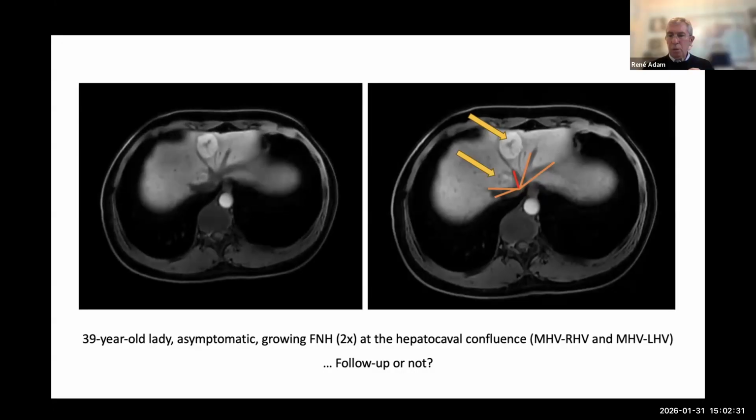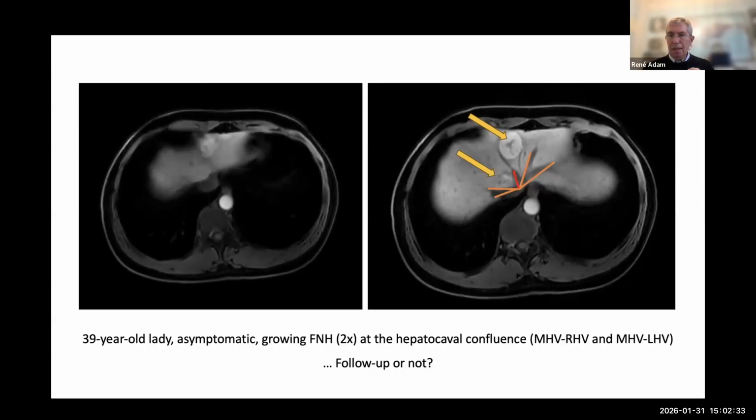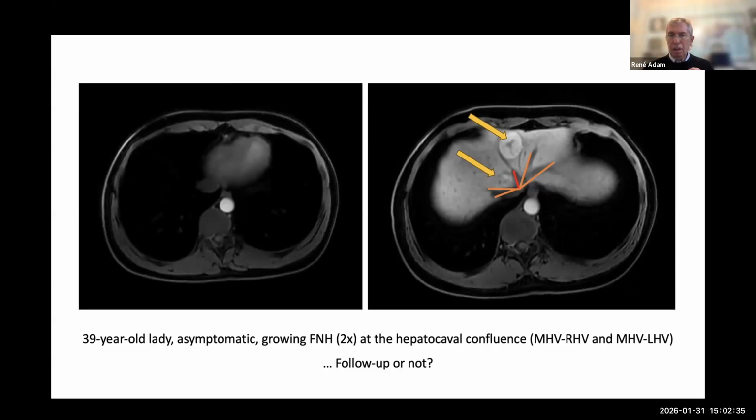I would agree, Pietro, that we have many signs in favor of FNH, but the point is that it is very unusual that FNH increases in size more than twofold in a period of 6 months. No, not twofold. Not twofold?